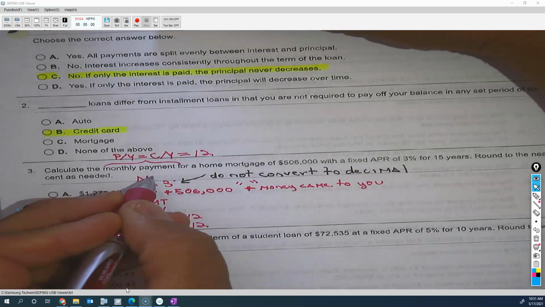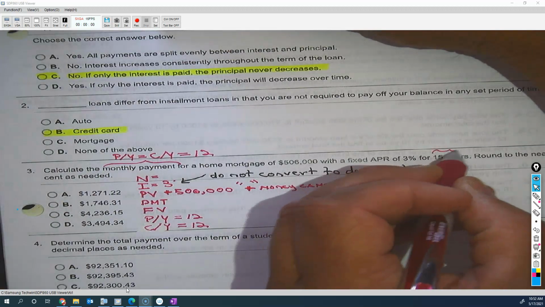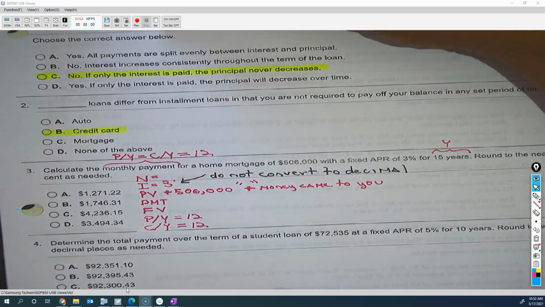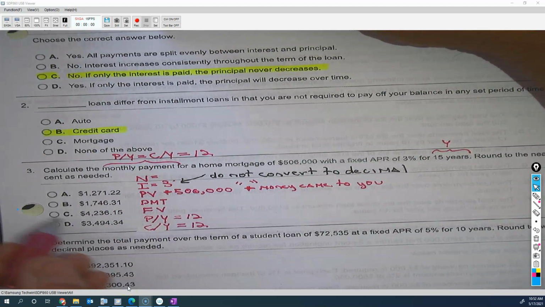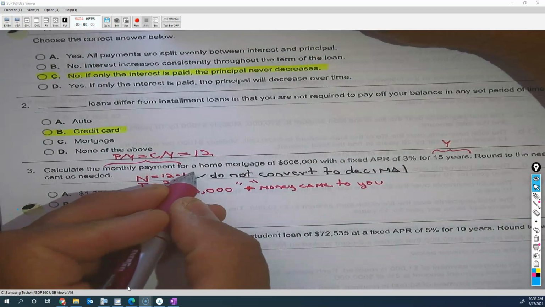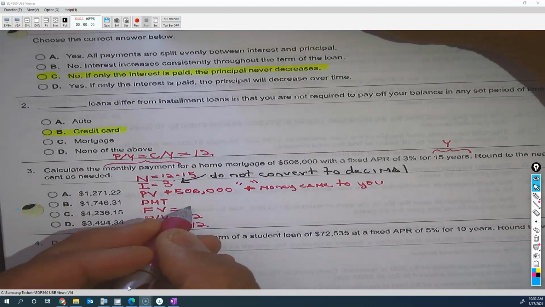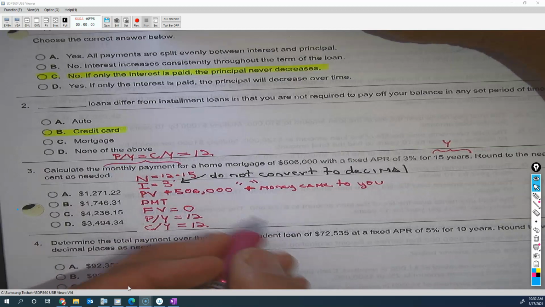Okay, now the N, you're going to take the number of years, that's Y, and N is going to be 12 payments times 15 years. Okay, let's see. Our future value is 0 because we want to pay off the loan.